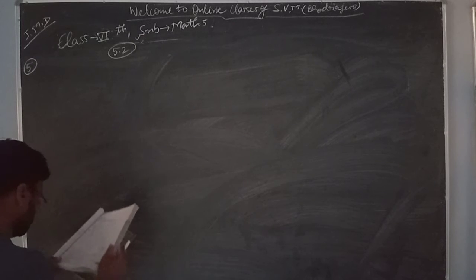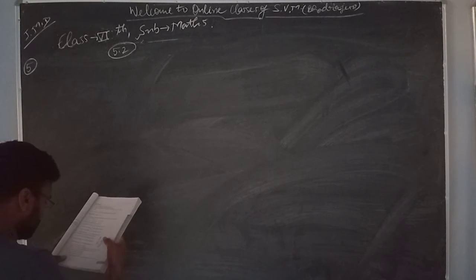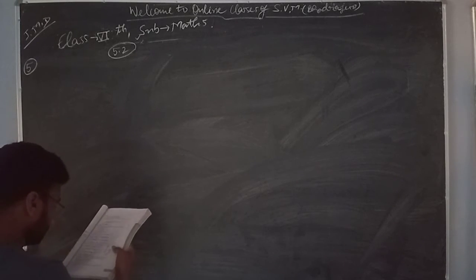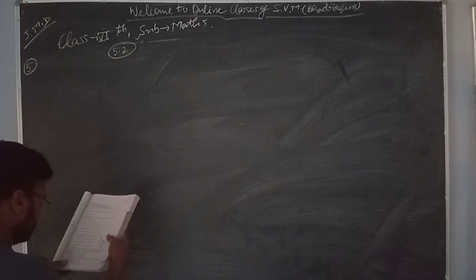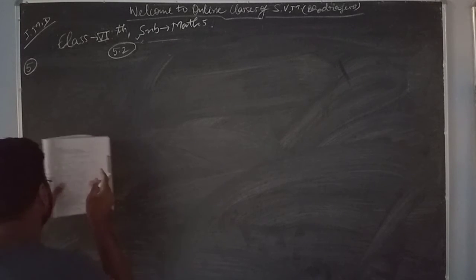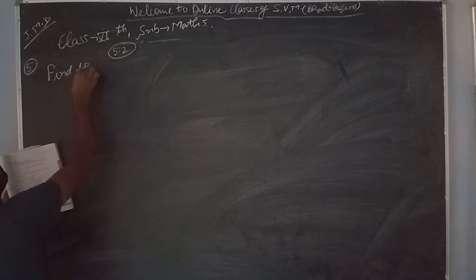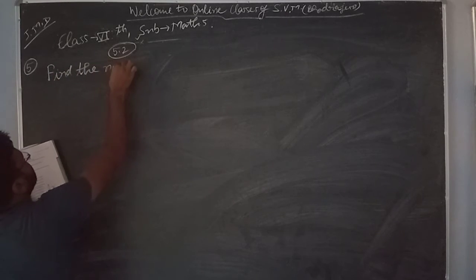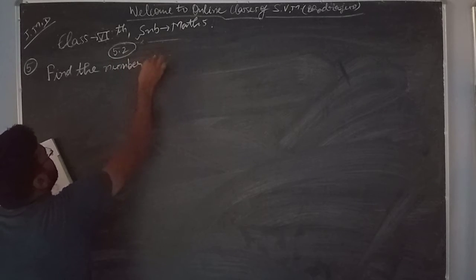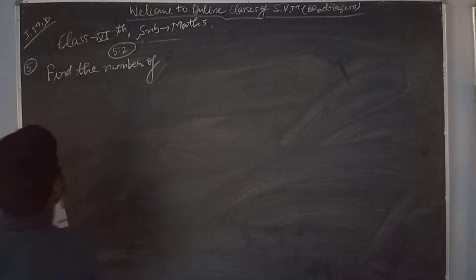Exercise number 5.2, question number 5th is: find the number of right angles turned through by the hour hand of a clock when it goes from.